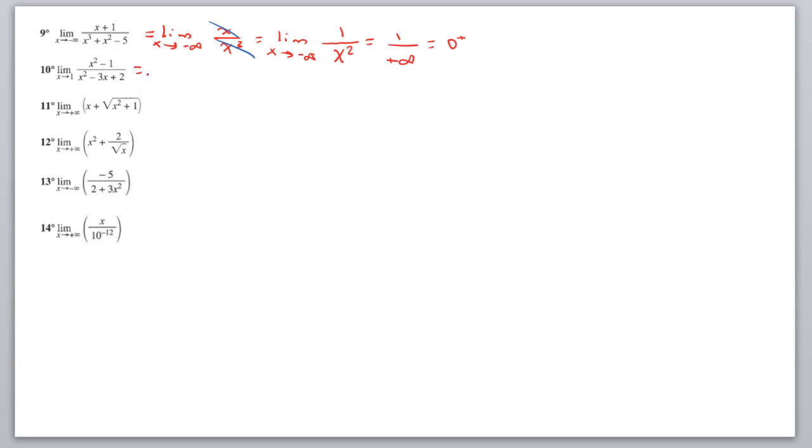Number 2, limit as x tends to 1 of all this.